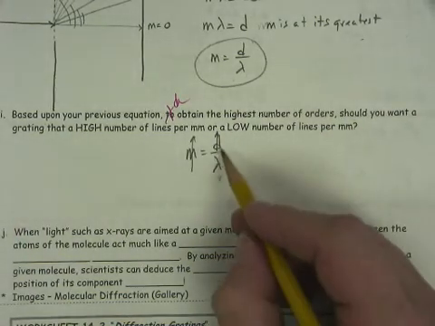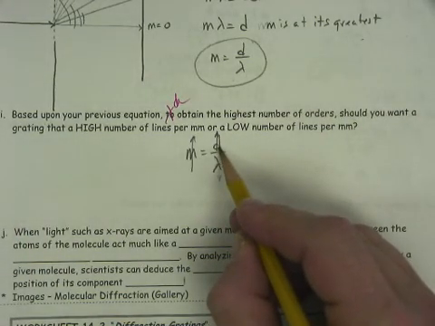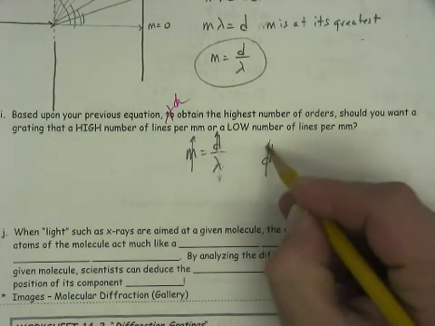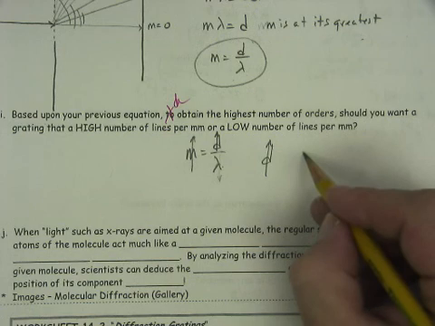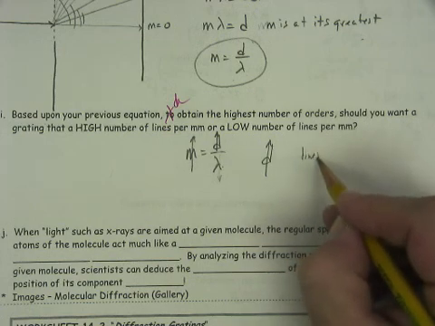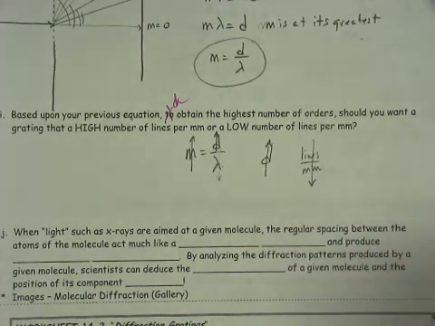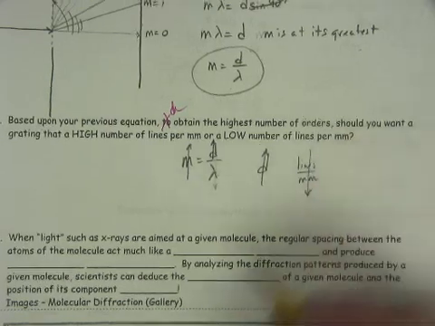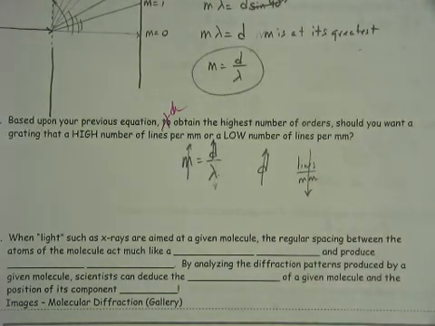But now listen to this. This is the distance between the lines. As the distance between the lines goes up, the number of lines per millimeter actually goes down. So we want to have as few lines per millimeter, and if we have as few lines per millimeter, then we'll have as many orders as possible.